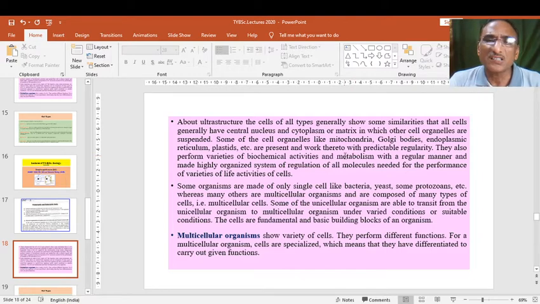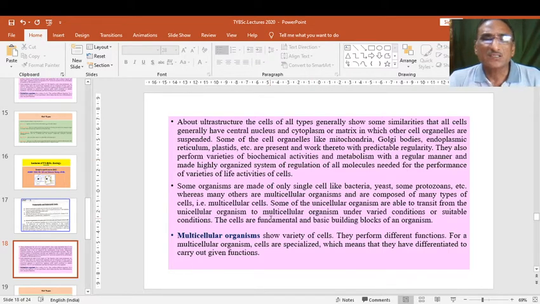They work as machinery, or we can say a special predictable system, working regularly and continuously for the development and propagation of the cells. They perform various biochemical and metabolic activities in a cell in a systematic manner, which is organized by the organ or system.